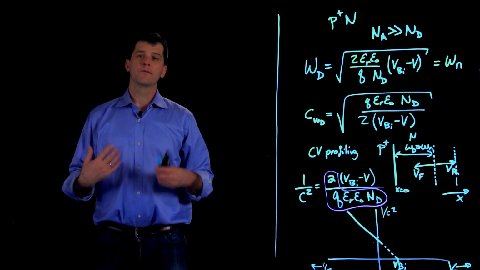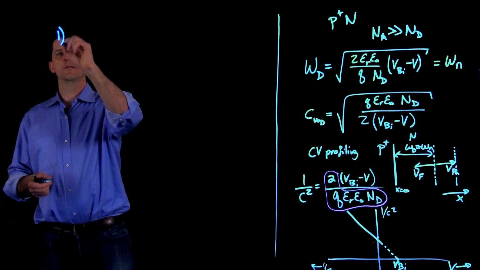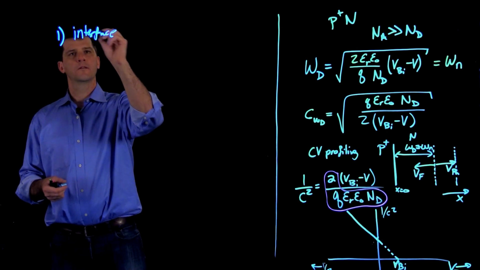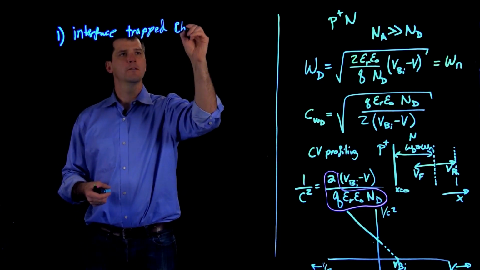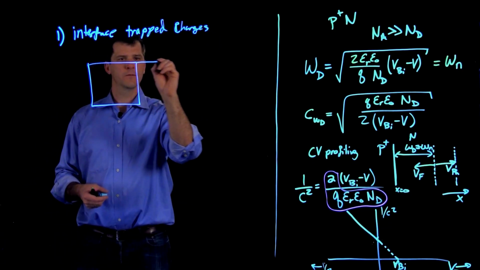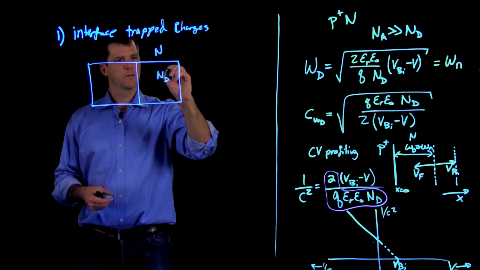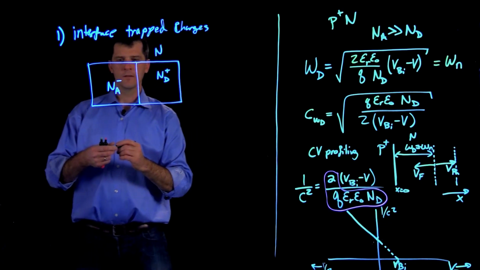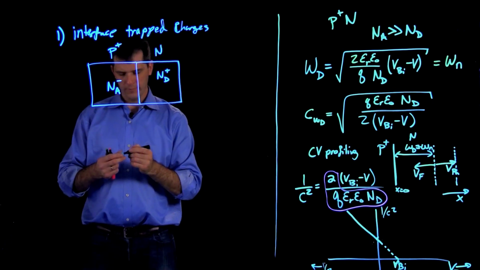Okay, so within this topic of CV profiling, let me mention two more effects. So one is interface trapped charge or fixed charge. So here's our p-n junction, and let's imagine now that we made it by depositing a P plus layer on top of an n-type wafer.